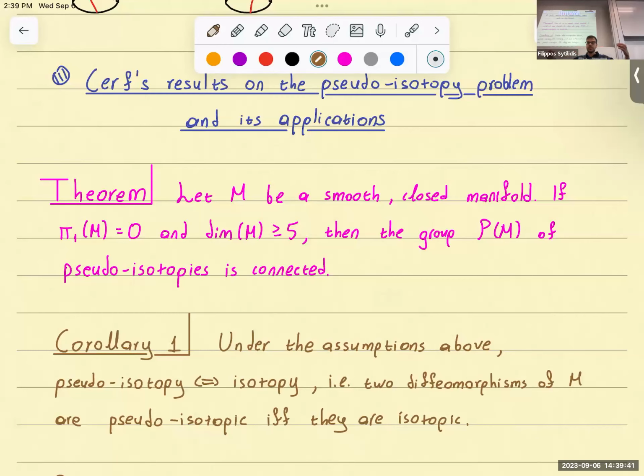And I'm saying that F is pseudo-isotopic to G if there exists a pseudo-isotopy such that if I precompose G with the top level diffeomorphism that this pseudo-isotopy defines, I get F. Right, because that's what the action is. The action on the space of diffeomorphisms is just a postcomposition with the top level diffeomorphism of the pseudo-isotopy.